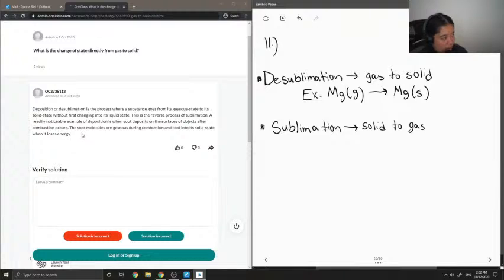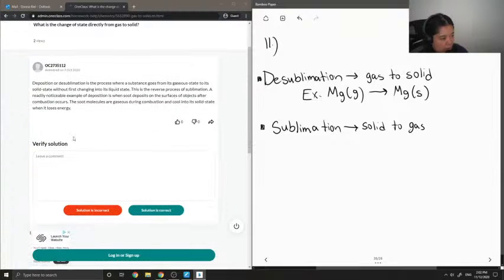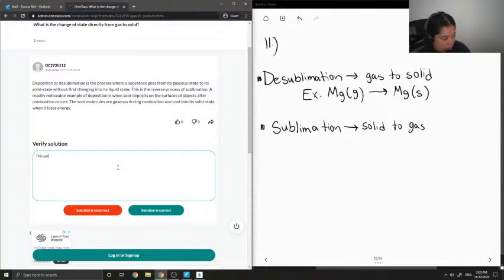A readily noticeable example of deposition is when soot deposits on the surfaces of objects after combustion occurs. Soot molecules are gaseous during combustion and cool into its solid state when it loses energy. Okay, so this solution is correct. And they also gave a great use of example.